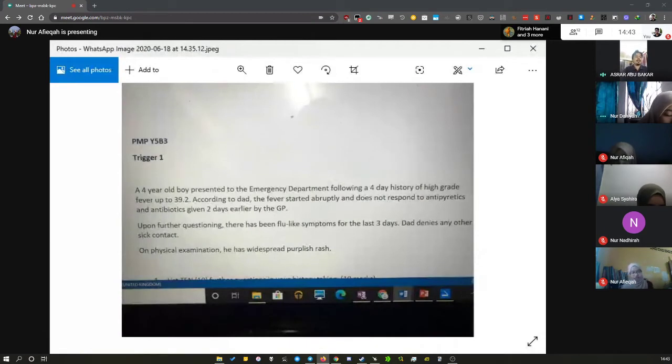Yeah, I agree. And what else about the rash? Purplish rash. So it's purple in color. Non-blanching usually. We don't know whether it's blanching or not, which is probably one thing you will end up answering in your further questions about physical examination.